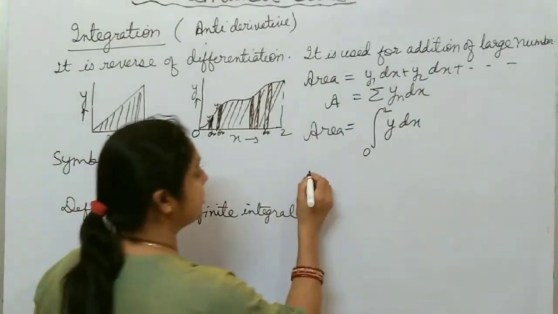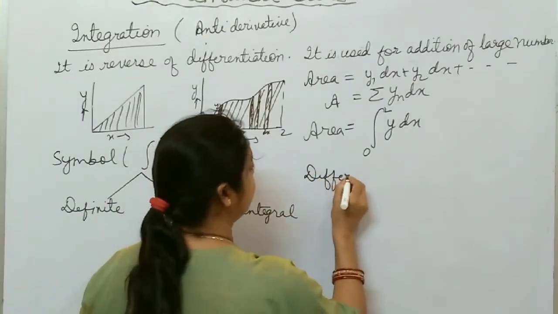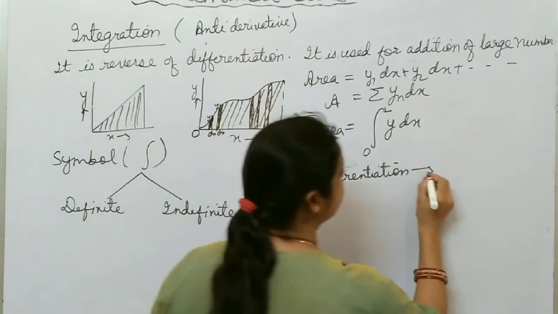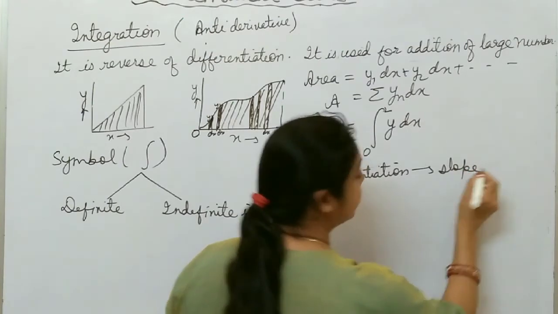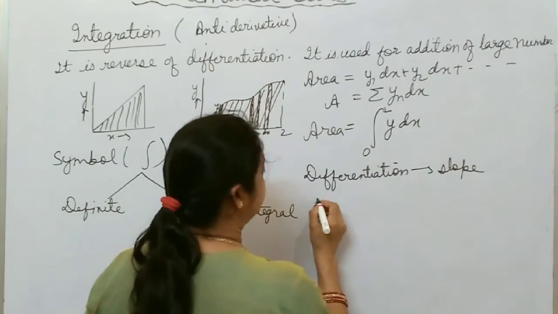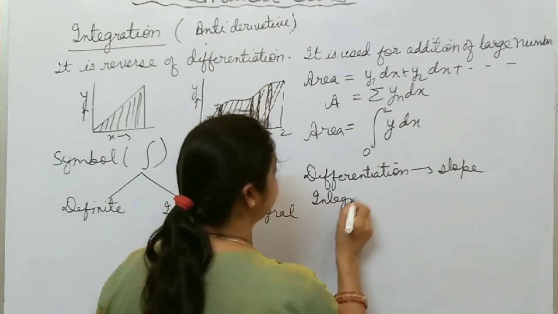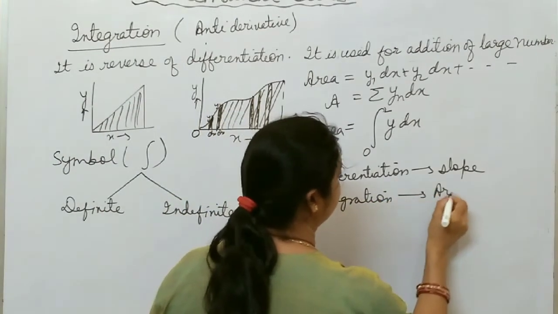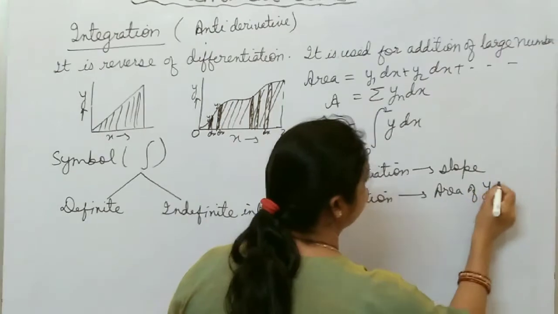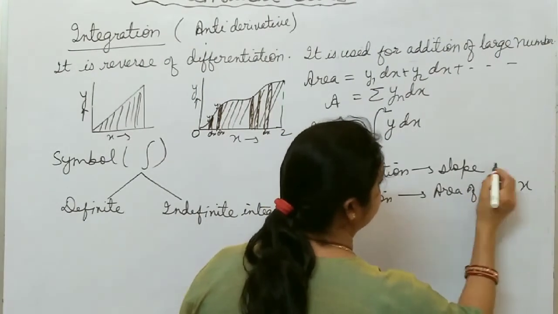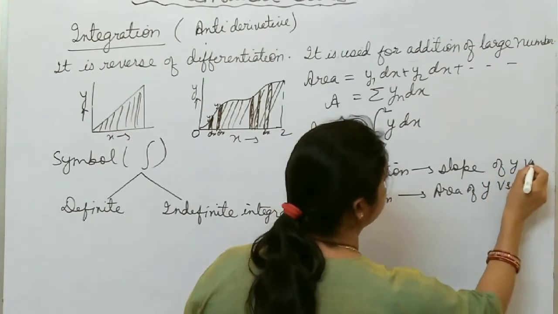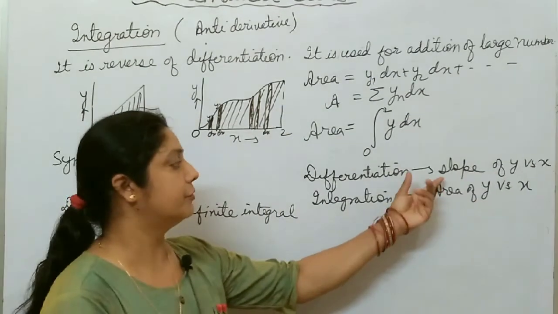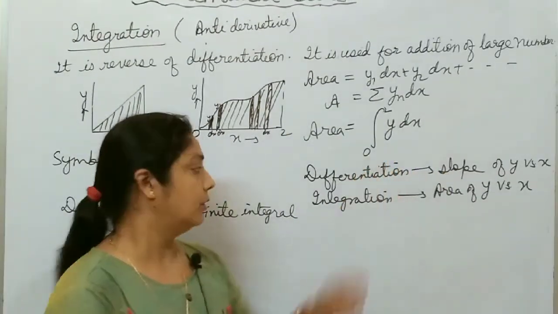Like differentiation, it gives the slope of y versus x, and this integration gives the area of y versus x. So differentiation gives the slope for instantaneous change.